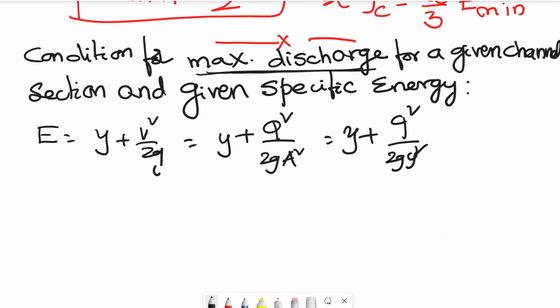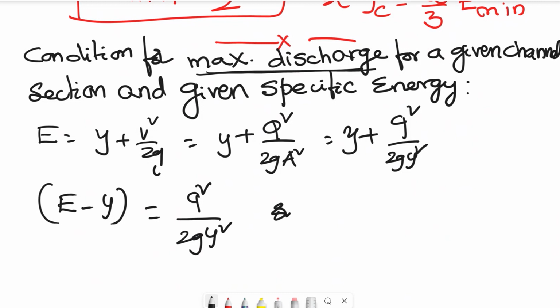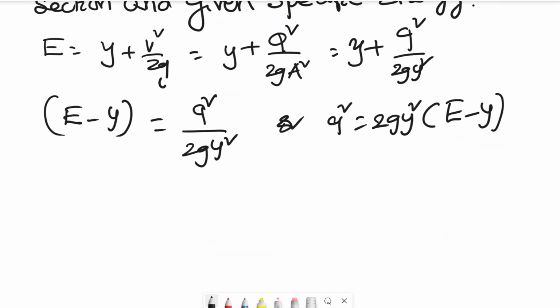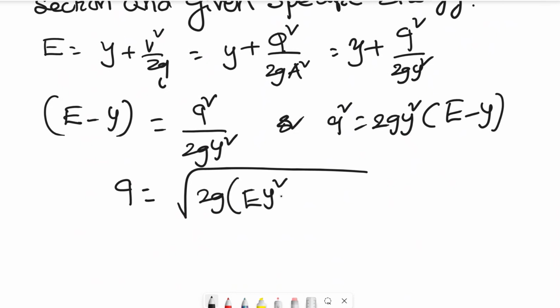Now if I bring this, E minus y becomes q square by 2g y square, or q square is equal to 2g y square into E minus y. So basically q is equal to root of 2g into Ey square minus y cube. Am I right?